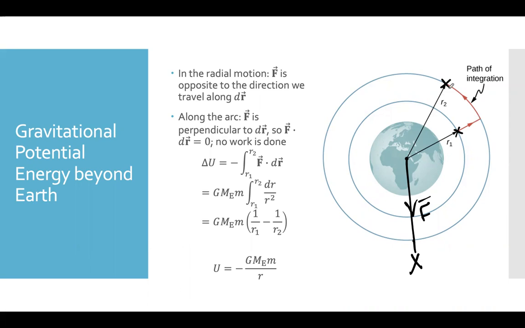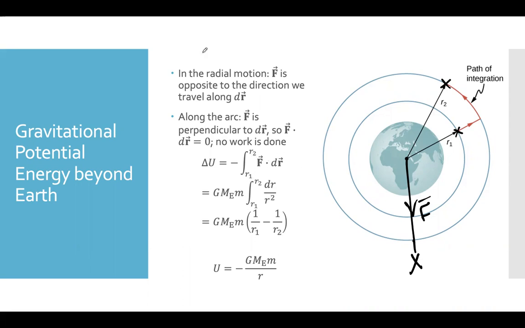In that case, we don't have any work done along that path. So the path that we're really interested in is in the radial direction. We have that delta U is equal to negative the integral from R1 to R2 of F dot dr.